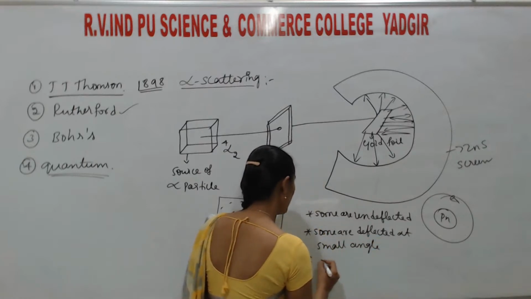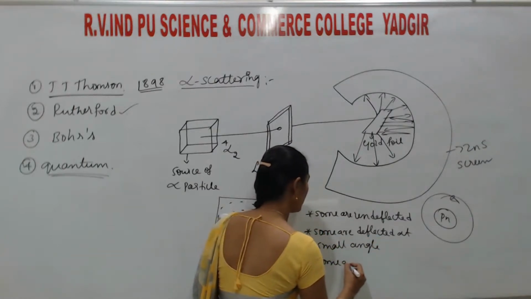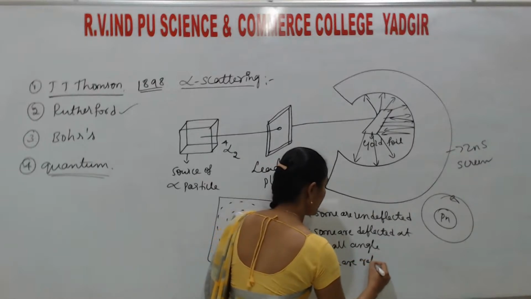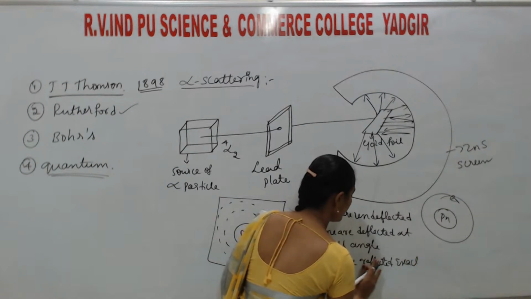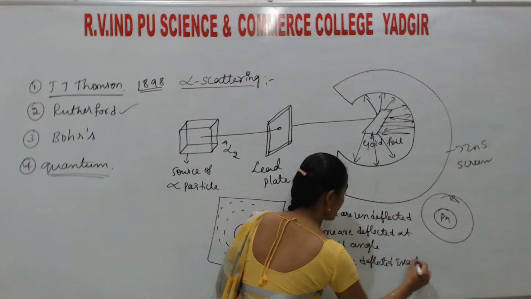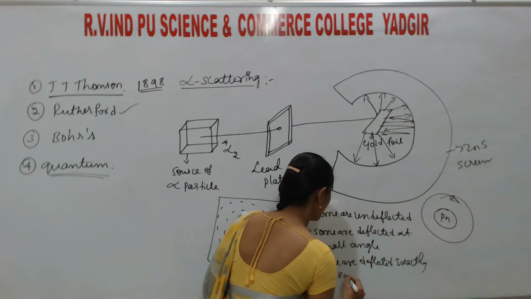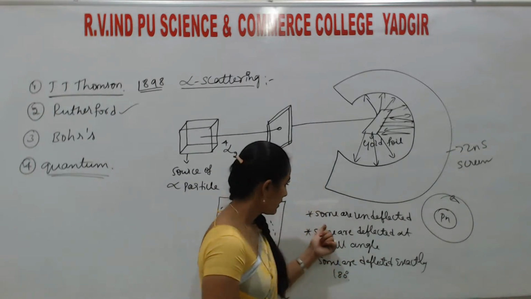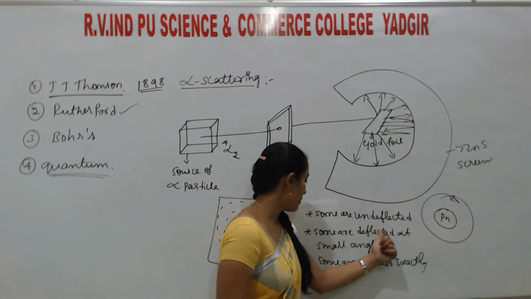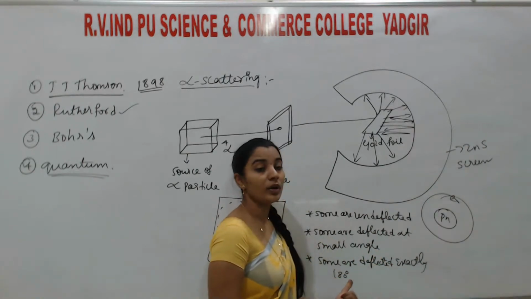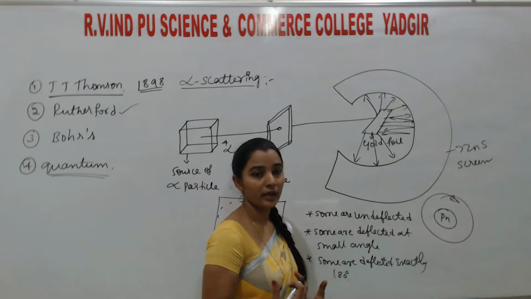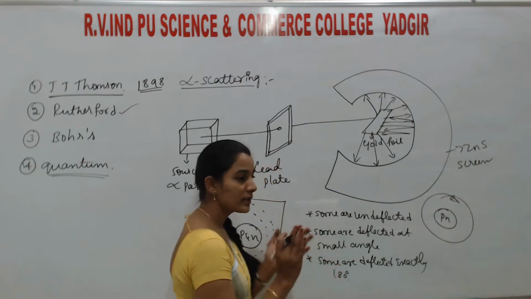And another one: some are deflected exactly 180 degrees. Some are undeflected, some are deflected at a small angle, and some are deflected exactly 180 degrees, which means they bounce back. Okay, listen.